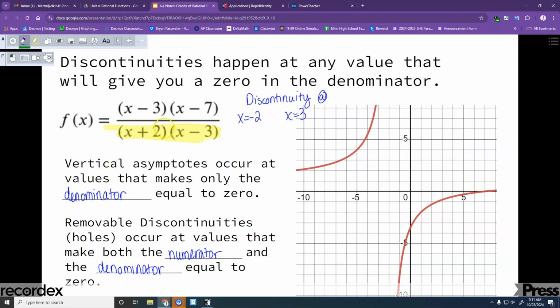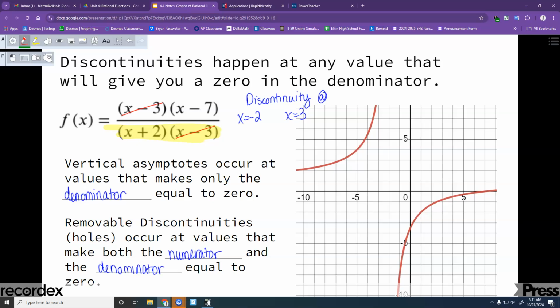Okay? If you have a vertical asymptote, then this value does not cancel out if you're simplifying it, right? But if I look right here at this x minus 3, what happens with the other x minus 3 up here in the top? If I was simplifying this, those would cancel, right?